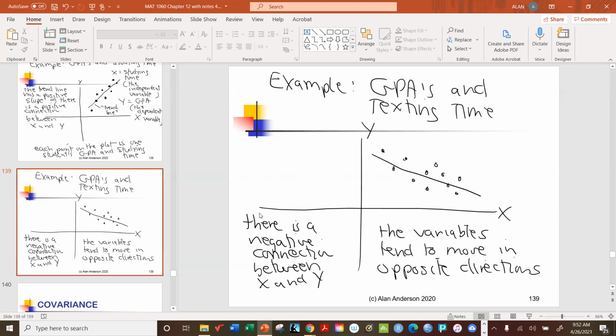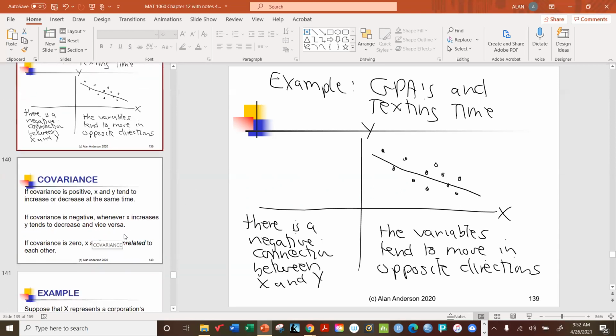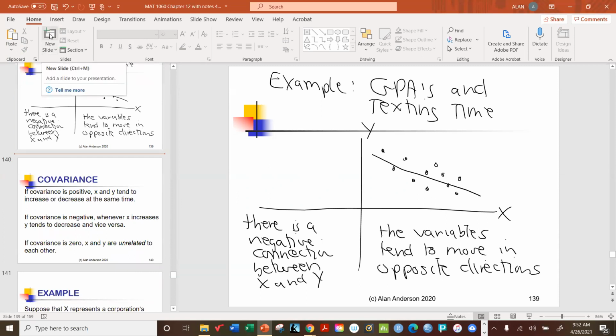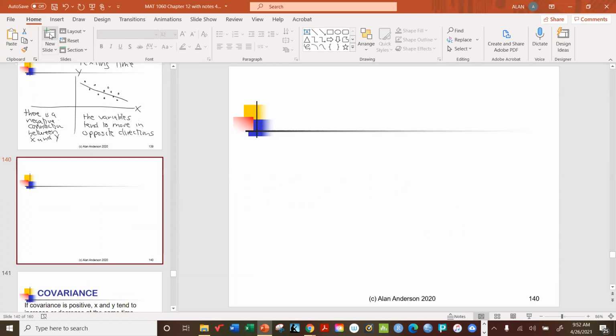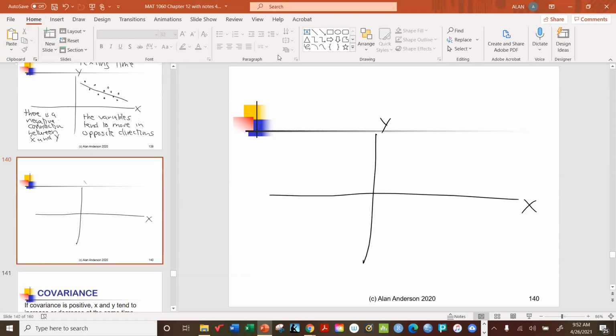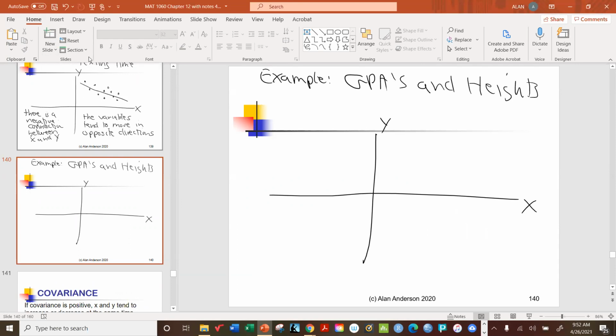Now, let's consider the third and final possible case, GPAs and heights. And we're going to see what that would look like because we know already that there's no relationship there. All right, so let's do one final example. Oh, by the way, I did forget to do one thing.